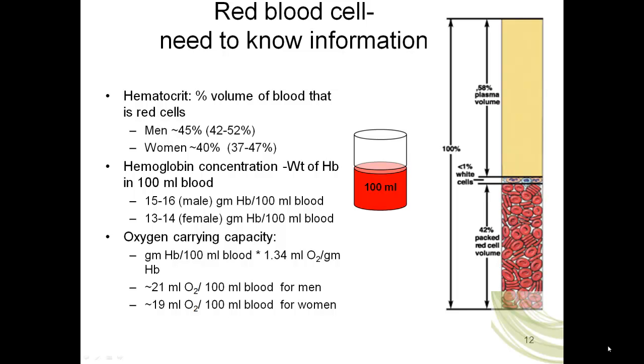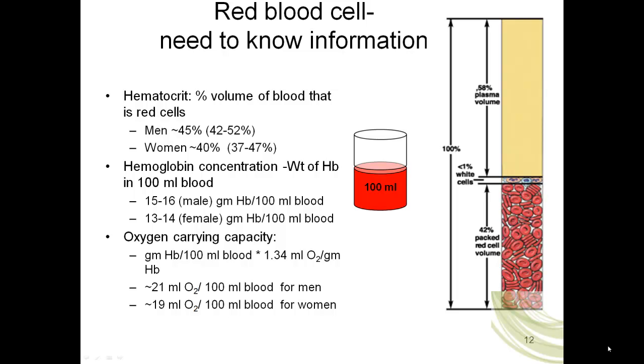So if we take our 15 or 16 grams percent or so and multiply by 1.34, we're going to get on average about 20 milliliters of oxygen for every 100 milliliters of blood. Now students oftentimes want to divide the 100 milliliters of blood into the milliliters of oxygen, and you can't do that. 100 milliliters of blood is not the same as milliliters of oxygen.